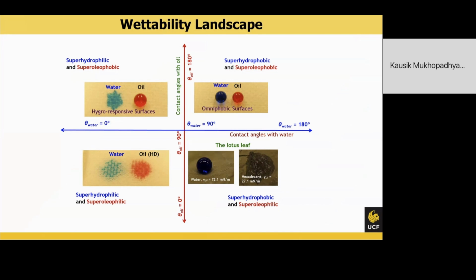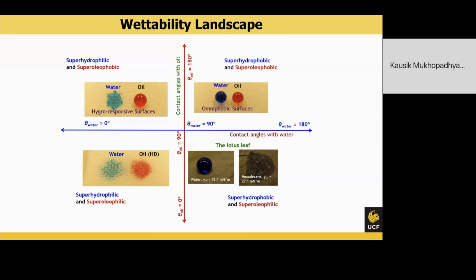To give you the wettability landscape from a materials surface perspective, these are the four quadrants. In shorter terms, either the water can be repelled or the oil can be repelled. Water has a high surface tension.